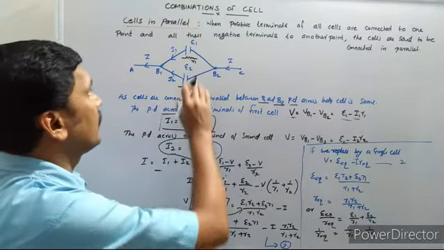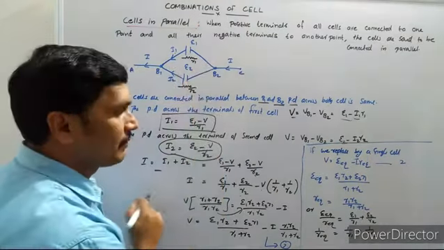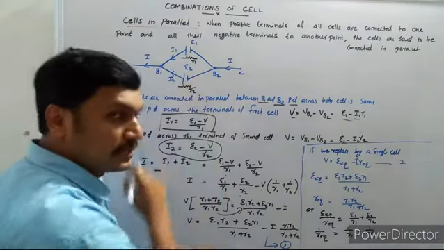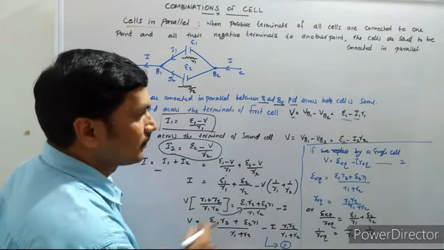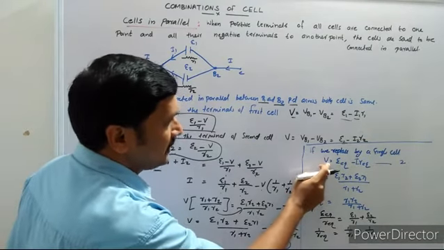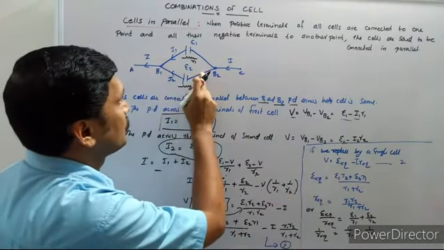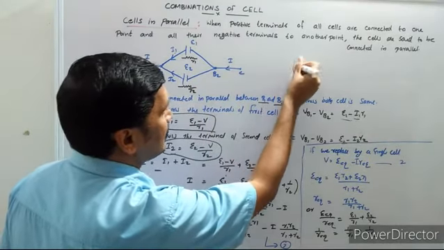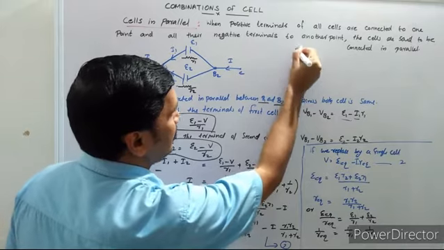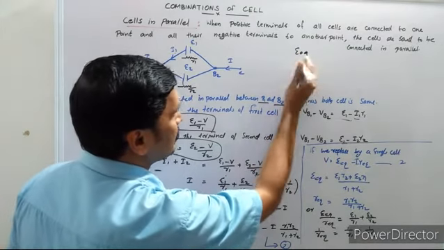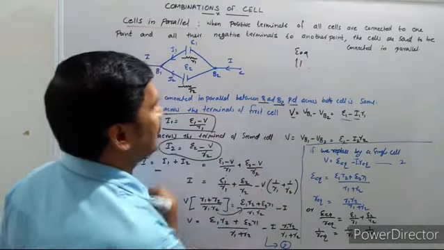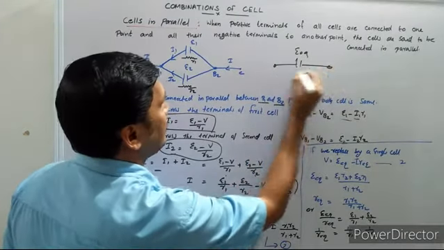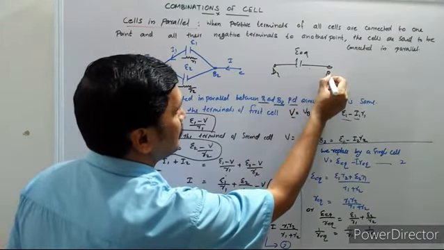Now, if we replace these two cells by a single cell which has an equivalent EMF of these two cells, we can write V, the potential difference between these two points. That is, we replace both cells by a single cell having EMF E equivalent, connected between these two points B1 and B2.